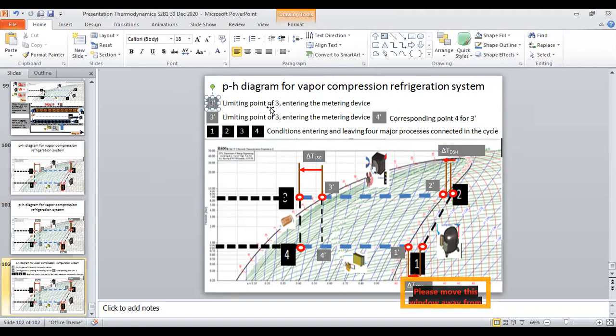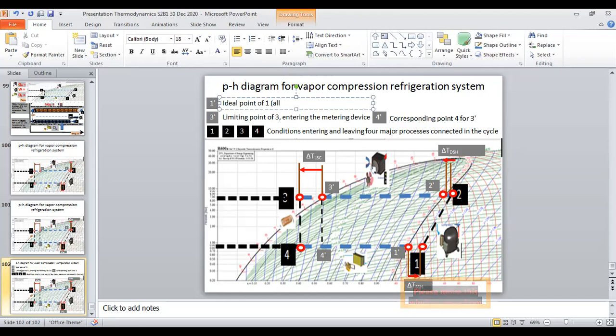If you need 1 dash, 1 dash is not the limiting point, but this is the ideal point. Because once evaporated all, yeah, the ideal point of 1 is all evaporated, just nice, okay?